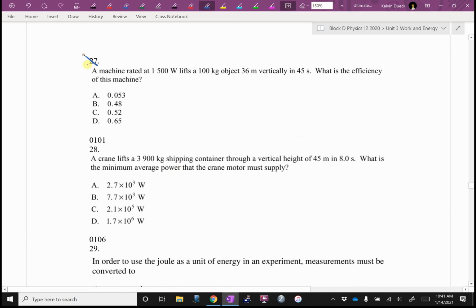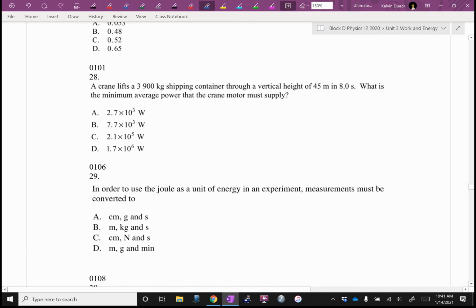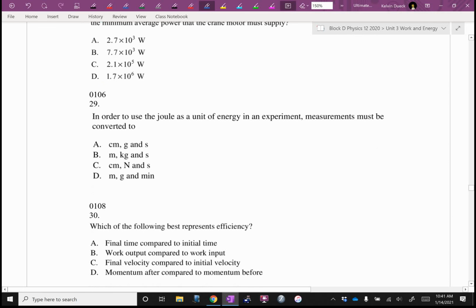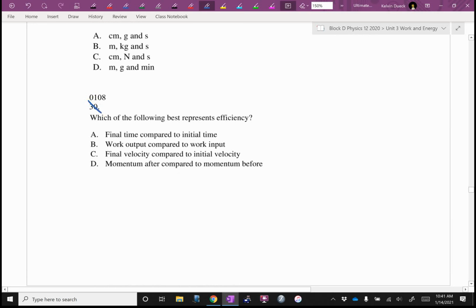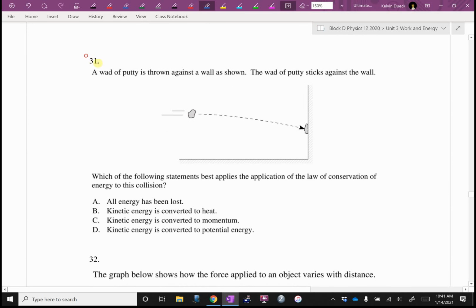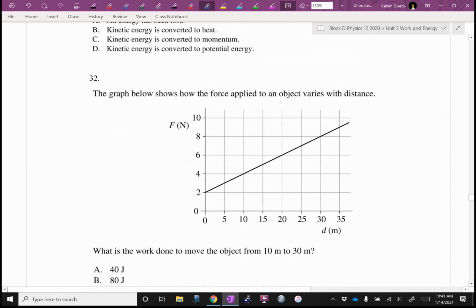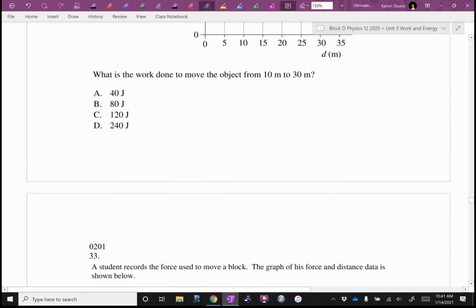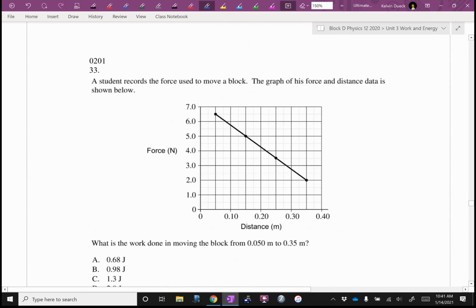Skip 27. 28's good. 29's good. Skip 30. Skip 31. 32 is okay. 33 is okay.